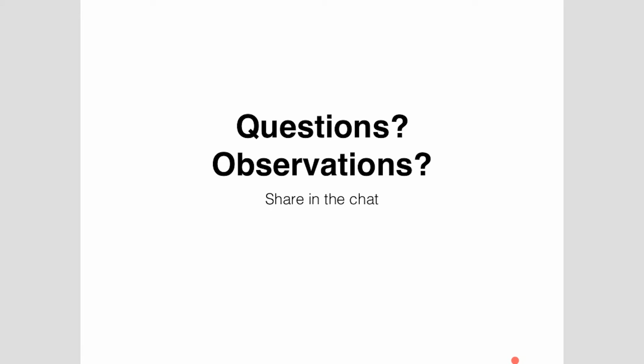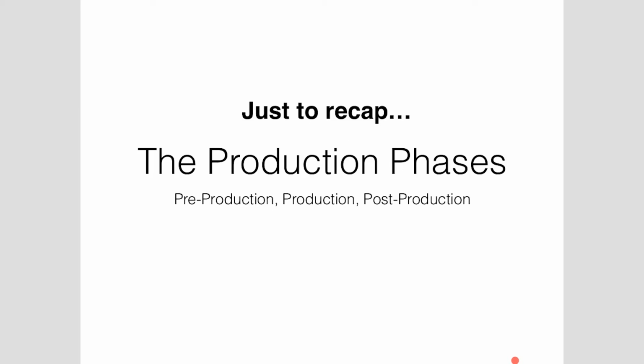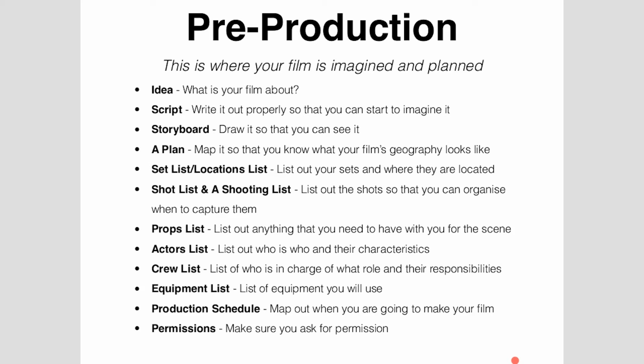All right. If there's no more questions, I'll just take you through a quick little recap of the production phases. So when you're doing pre-production, every file that I mentioned before is in pre-production.